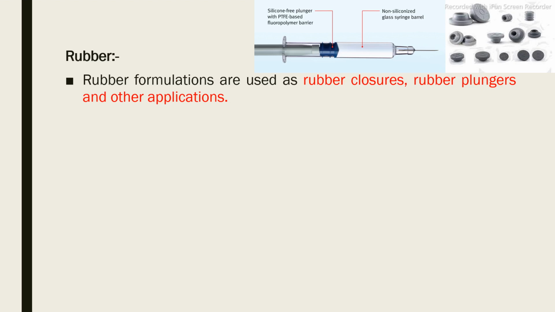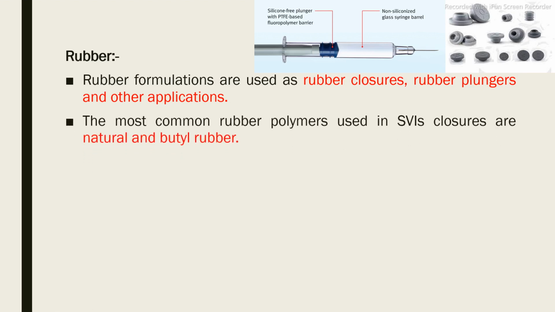Vial as a container for parenteral preparations. Vials are generally closed by means of rubber closures. The most common rubber polymers used in small volume parenteral closures are natural and butyl rubber. The image you are observing shows a rubber made up mainly of natural and butyl rubber.